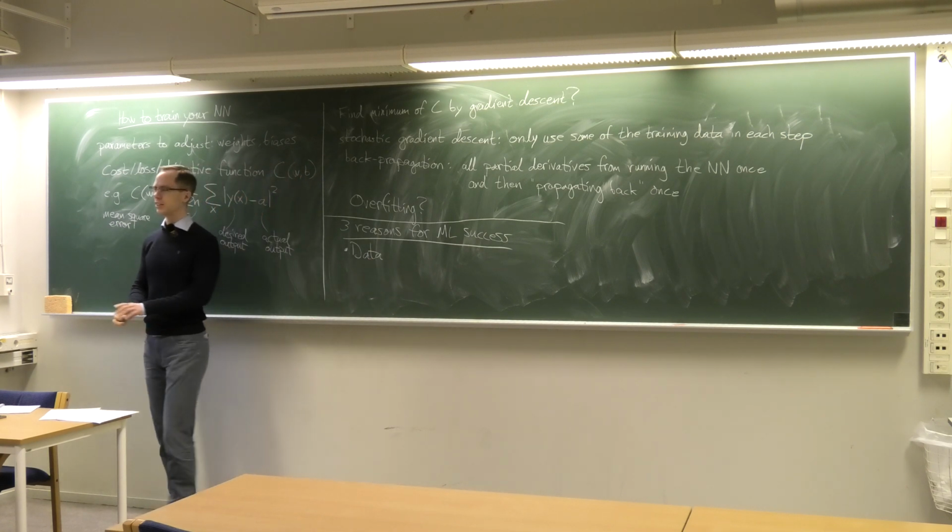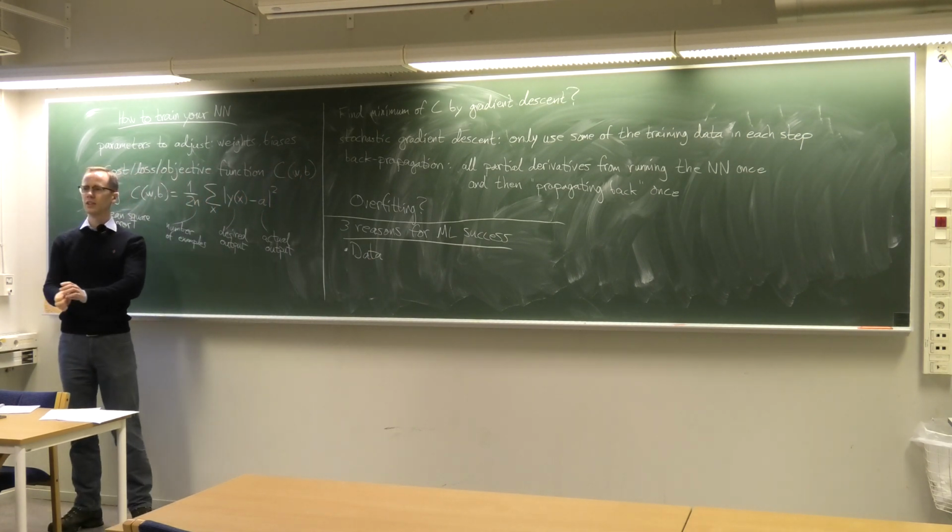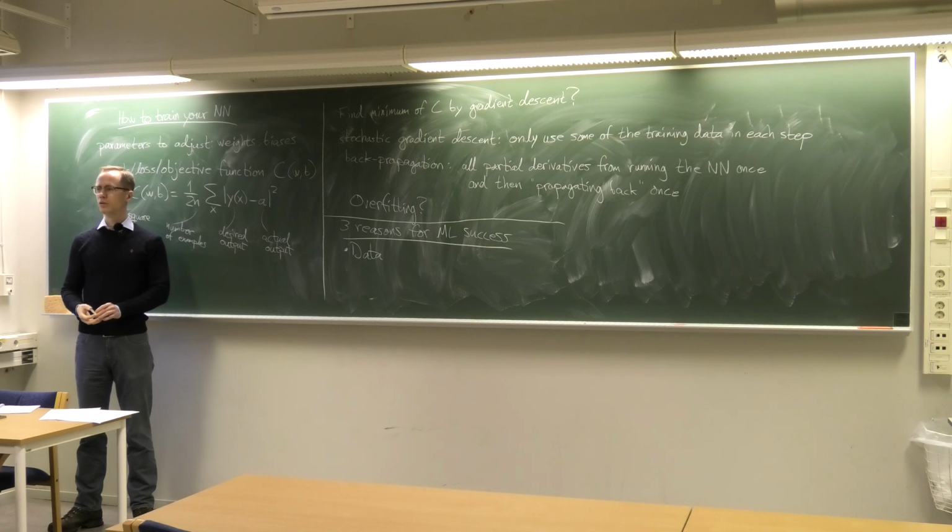One is definitely data. We have access to a lot more data today, and people have put together data sets labeled by humans that can be used to train. It makes a difference if you just have 100 data points to train on, or if you have 10,000 or 100,000. You probably need to pass some threshold before you really see a good result.